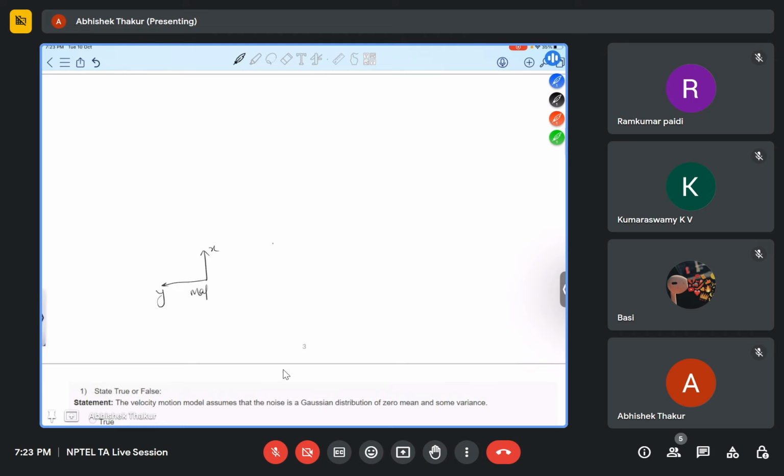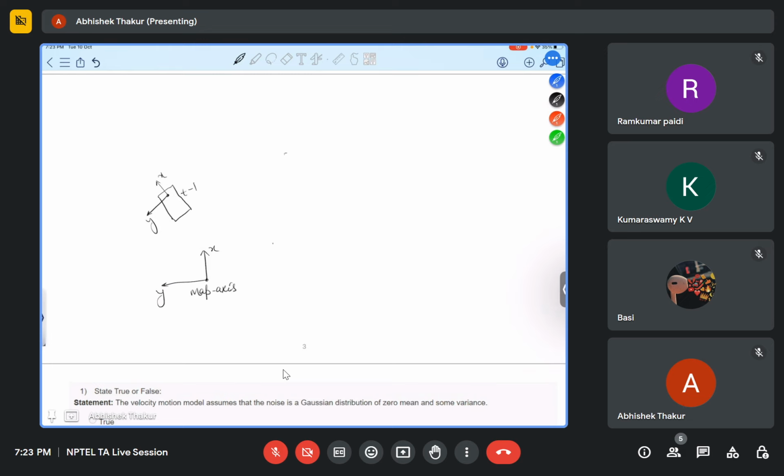This is our map axis, and let's suppose our robot is here, and this is the position at t minus 1.